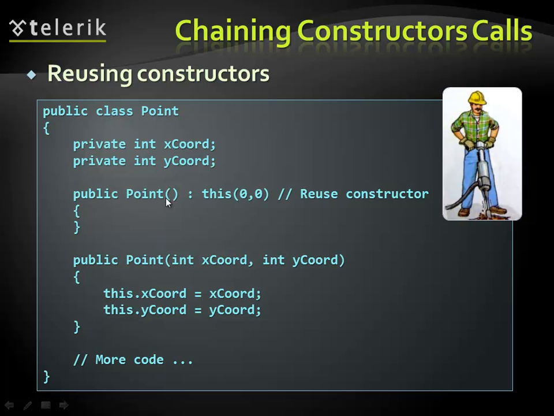So what we're doing here is we're reusing the other constructor, so that if you have some code here, you don't have to really duplicate it. You just have to say, in this case, these are the values that the constructor will get. It's much better, more compact, and it's declared with the two points.